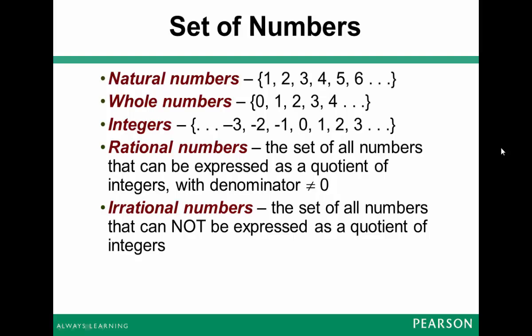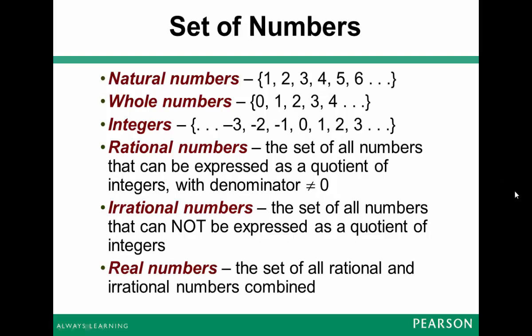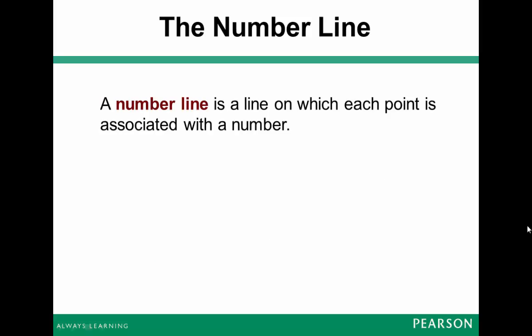All of those numbers that we can't do that with are called irrational numbers, and numbers like pi or non-repeating, non-terminating decimals are irrational numbers. And if we combine both these rationals and these irrationals, then we form the set of what we call the real numbers. Those are all the rationals and all the irrationals combined.